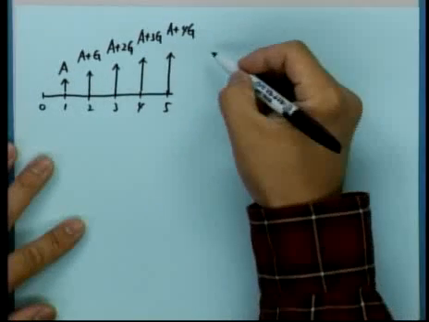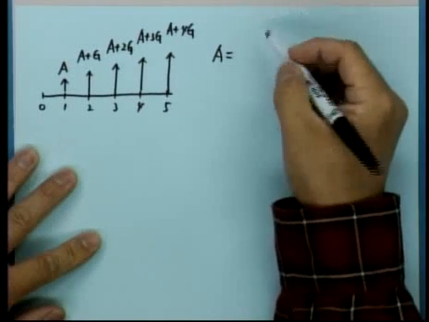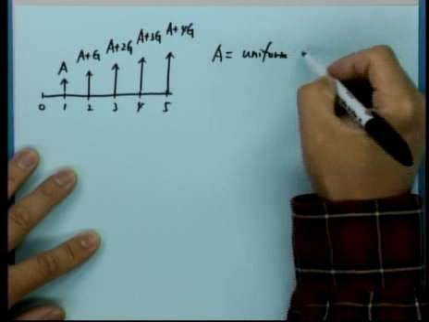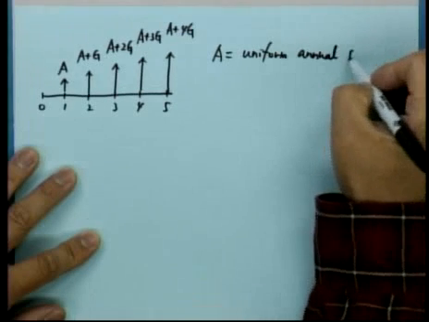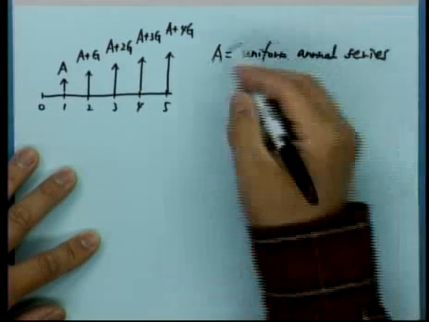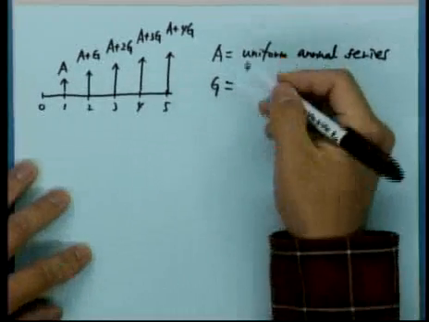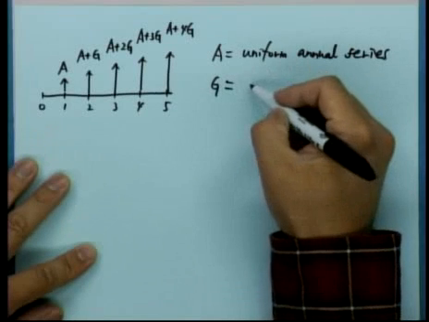So if we said A is the uniform annual series amount, and the G is the period by period change amount.